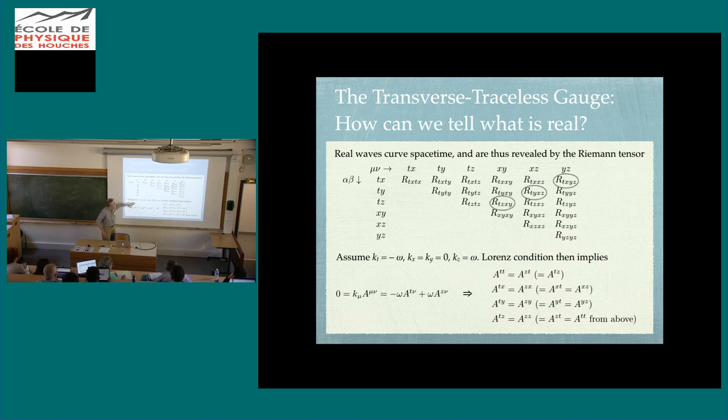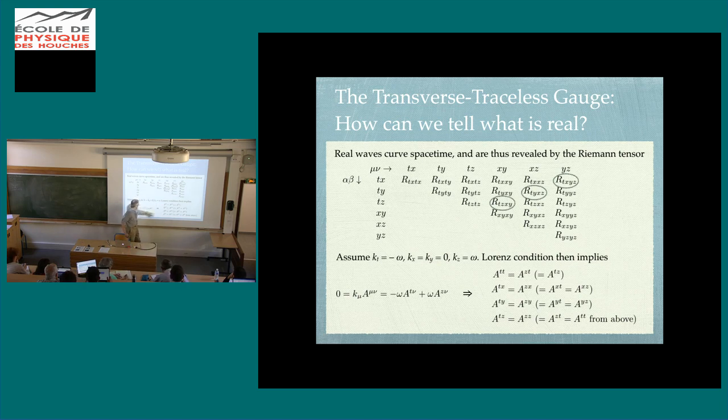So, let's assume for the sake of argument that I've got a wave that's moving in the z direction. This is always done, but it's a really nice place to begin. So my k sub t is minus omega, my k sub z is omega, the other two components are 0. And then what you see is that the Lorentz condition puts some constraints on what the components of the amplitude matrix can be.